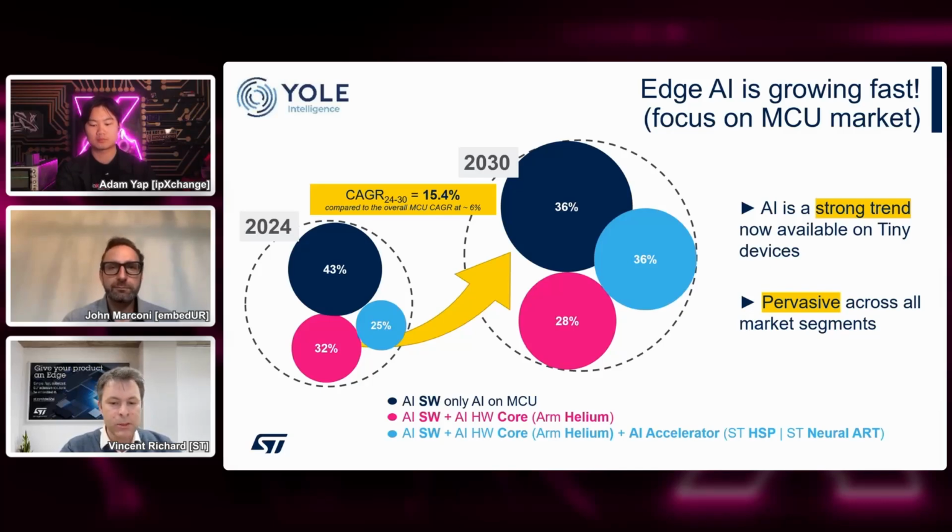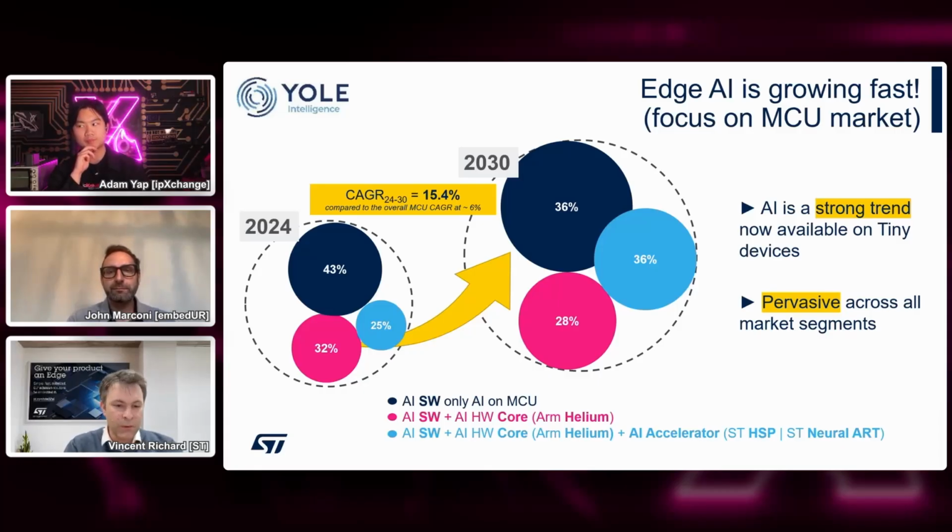What I think is interesting is that AI is growing not only in AI accelerated MCUs, but also in conventional MCUs that are leveraging the Helium vector extension or not. This is due to the pervasion of AI across all market segments, with computer vision of course, but also audio, and some light AI for sensing applications also coming up.